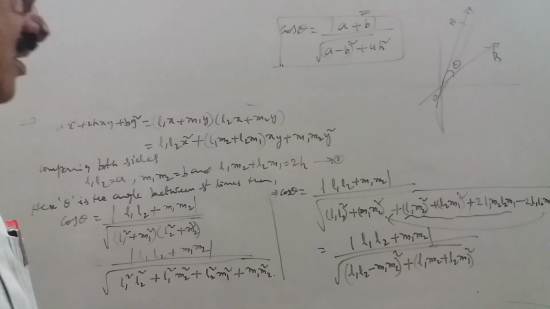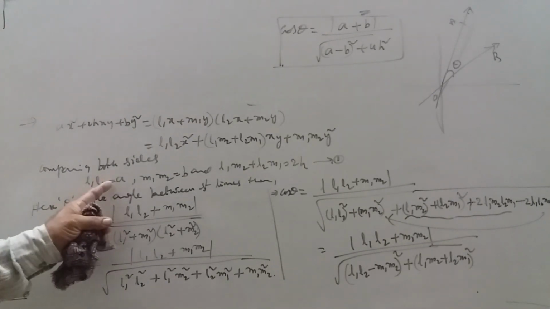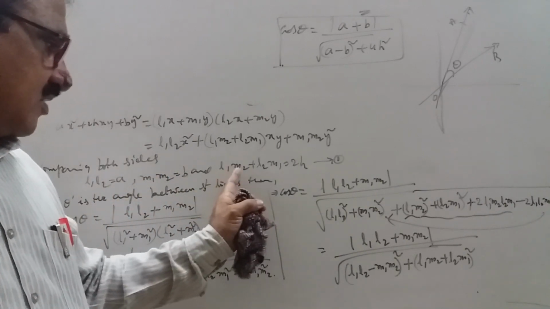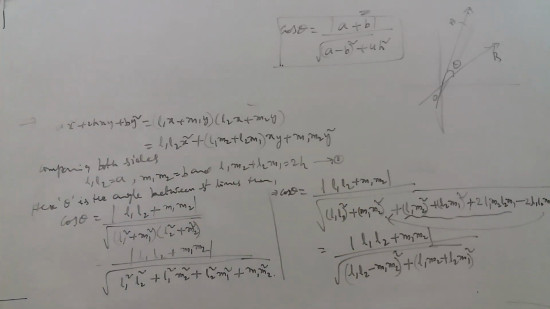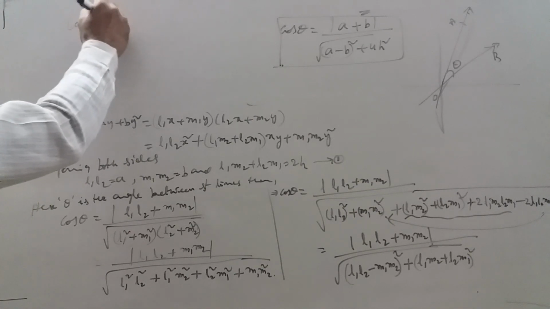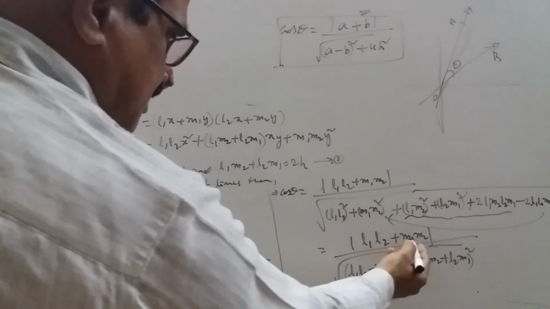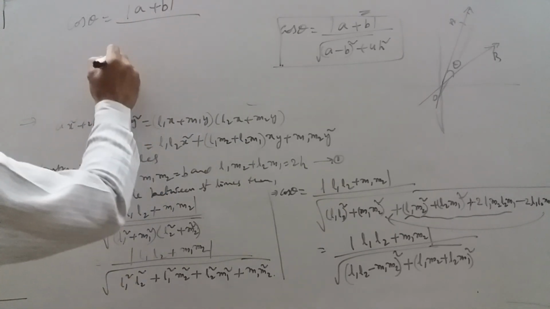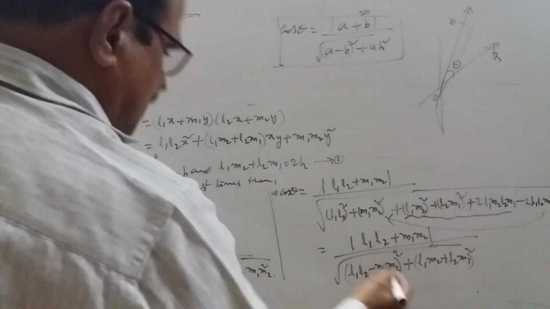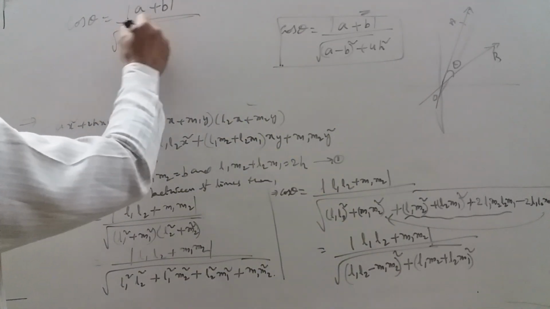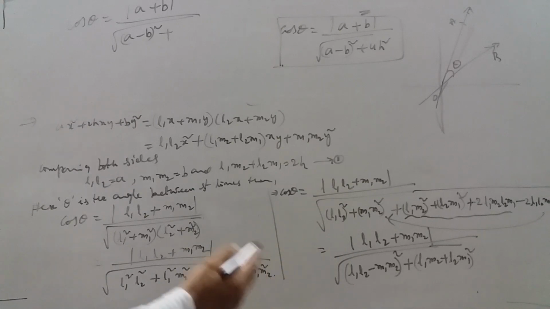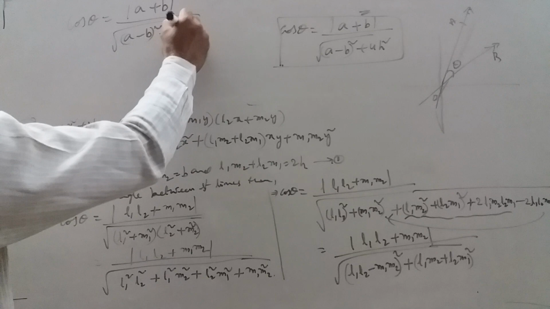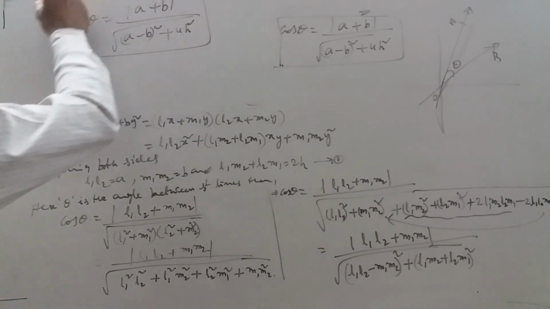By substituting this value, that means L1 L2 is equal to a and M1 M2 is equal to b and L1 M2 plus L2 M1 is equal to 2h, it can be written as cos theta is equal to mod of a plus b by under root (a minus b) whole square plus (L1 M2 plus L2 M1) whole square, which is 2h whole square, that means 4h square, which we have to prove.